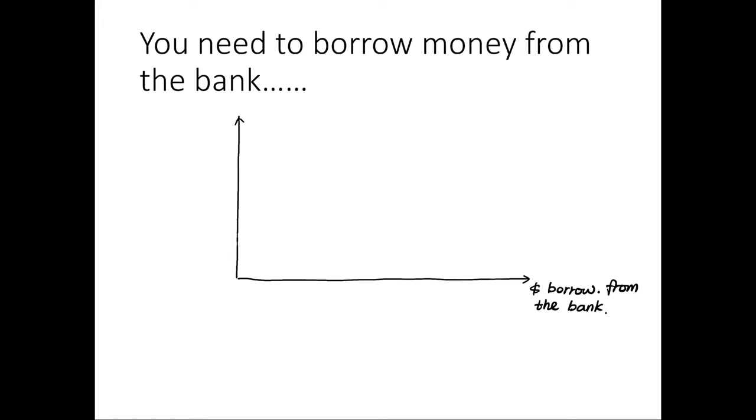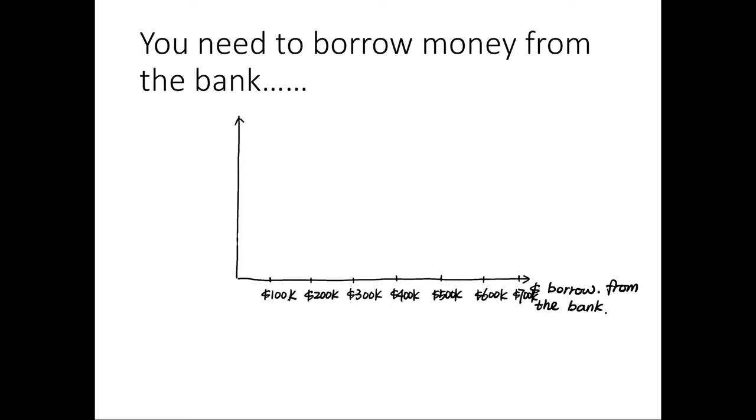Right, so you can borrow first 100,000. I will say 100K, okay, to save some space, and then 200K, and then 300K, and then 400K, and then 500K, and then 600K, and then, well, they don't want to lend you 700K, but we still can draw it on this chart.